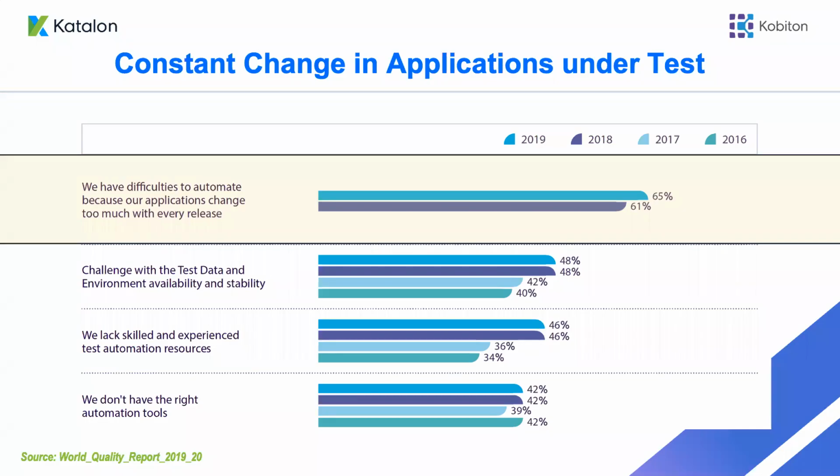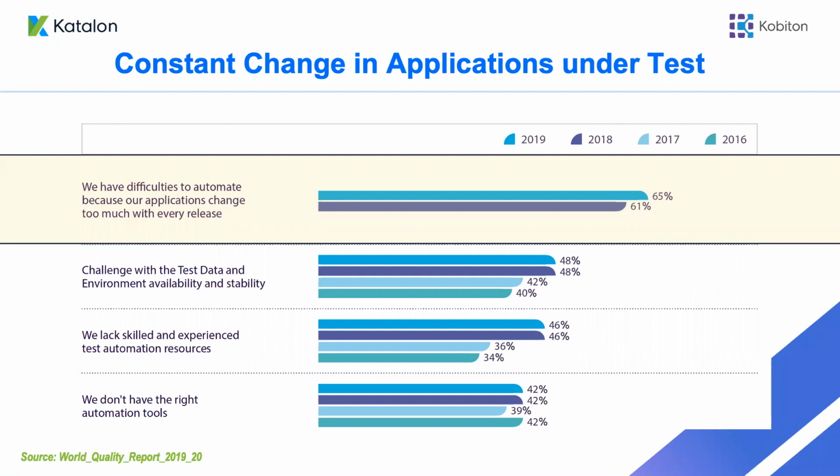So, piggybacking on those three areas, here's some interesting data that we were able to mine out of the World Quality Report that comes out every year. The key area to focus on is that very first item.